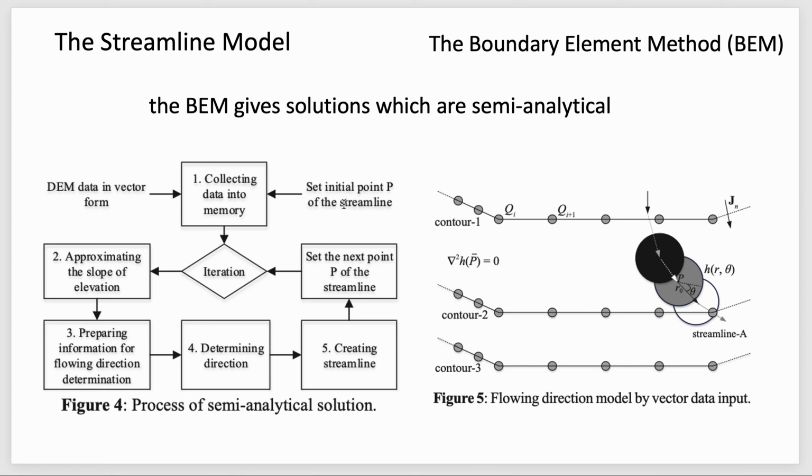The first process is collecting data into memory and approximating the slope of the equation by using boundary integral, and it also prepares the information for flow direction determination.